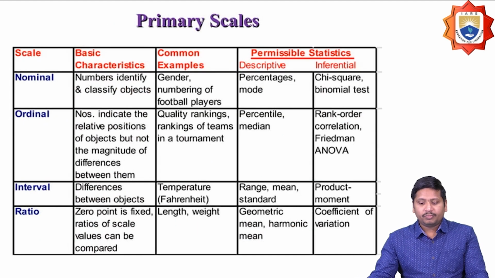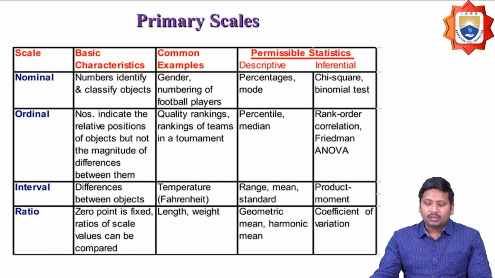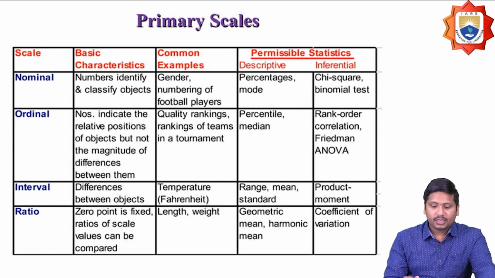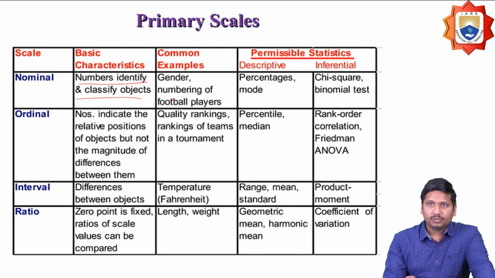So let's see some of the primary scales: nominal, ordinal, interval, and ratio. For nominal, the basic characteristic is that numbers identify and classify the objects.